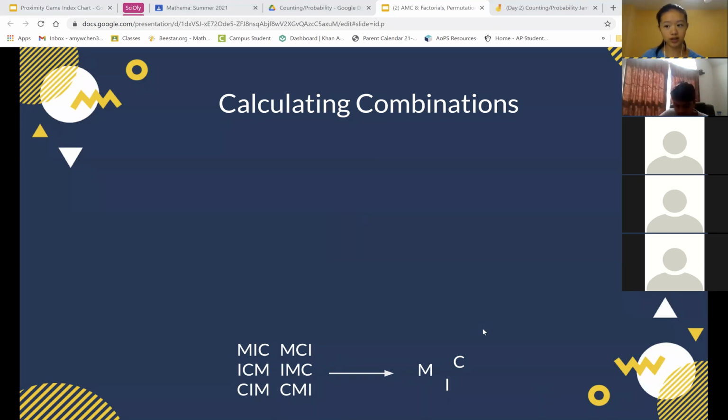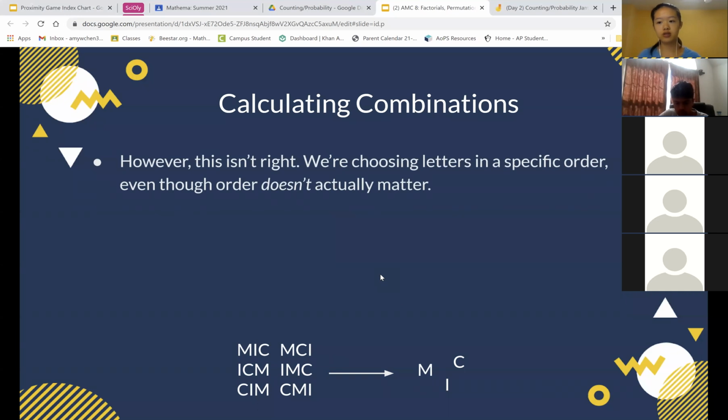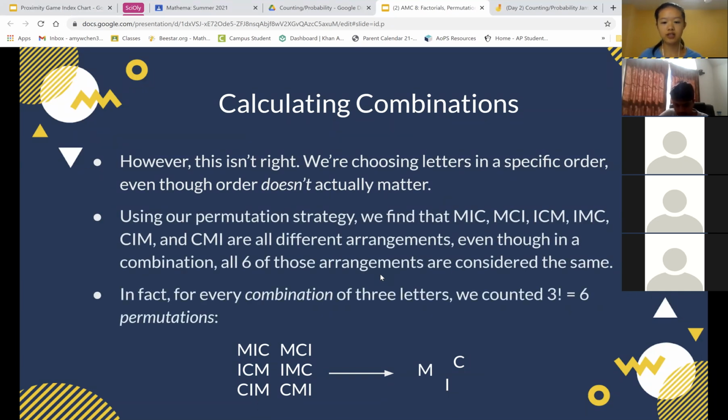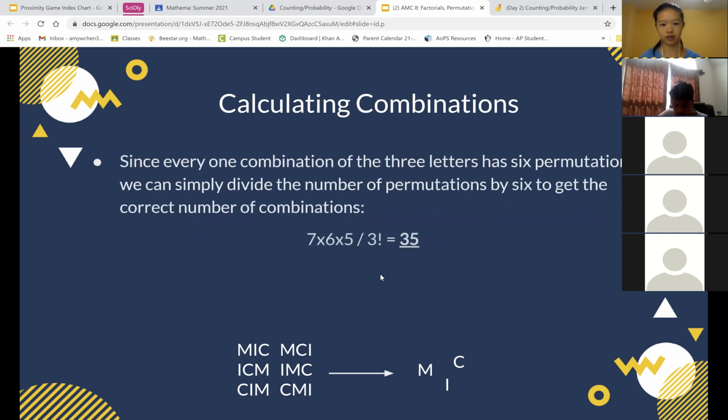And it's no coincidence that 3 factorial equals 6, because these 6 permutations represent the 3 factorial arrangements of any 3 letters. So in fact, what we have to do is take 210 and divide by 6, or in this case, just divide by 3 factorial. And I know someone asked if the answer is 35.